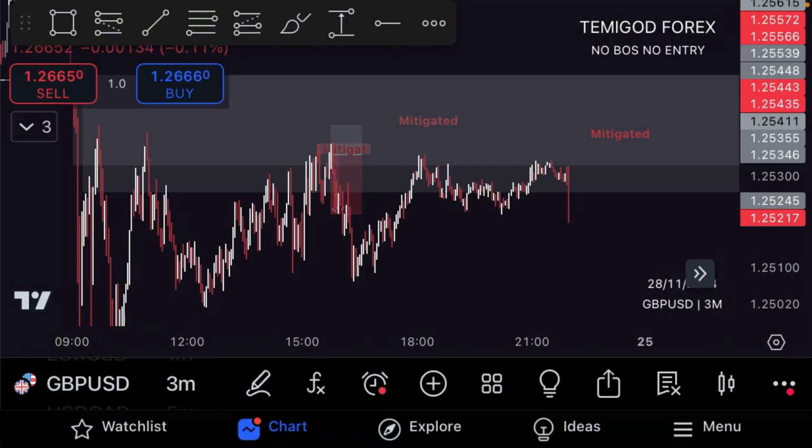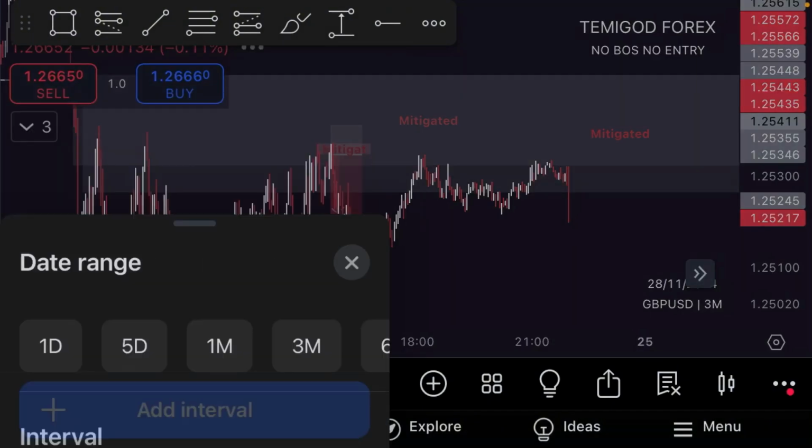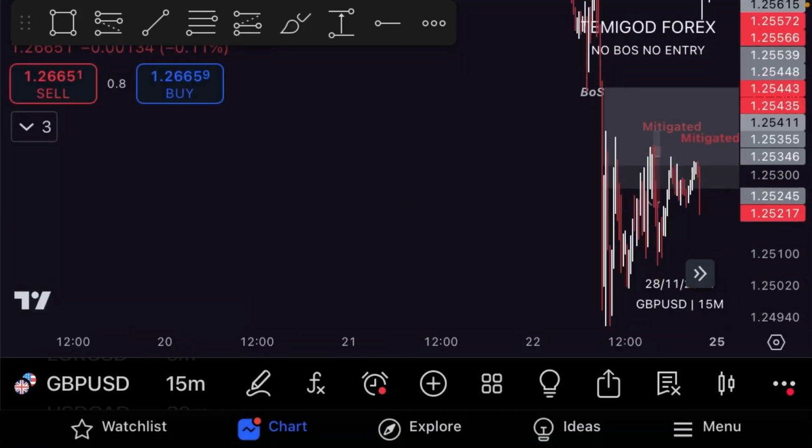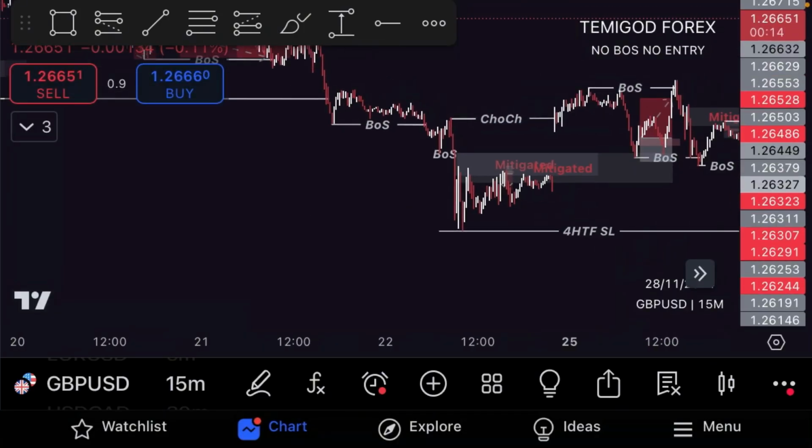And how do you approach it? Like I said, you need to look for market structure on a way higher time frame, then use a 2-time lower time frame to execute your trade. Let's say you want to take market structure on 5-minute time frame, you could use 30 seconds, you could use 1 minute to execute your trade.